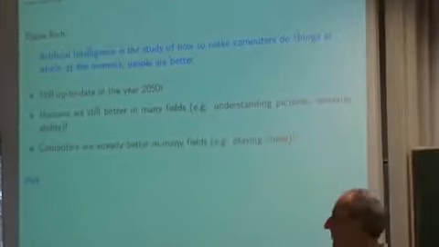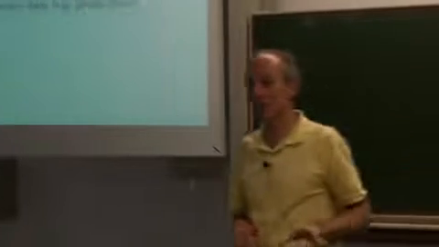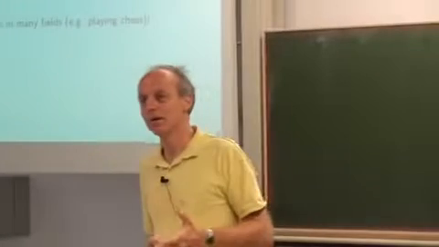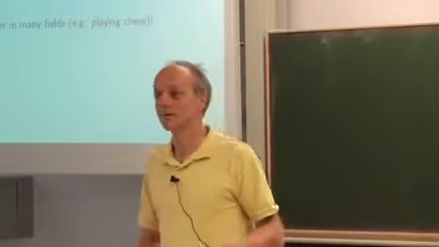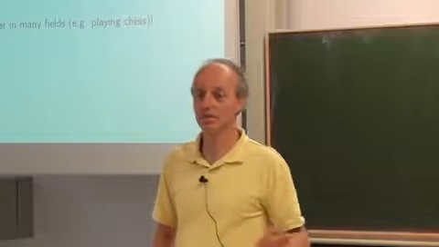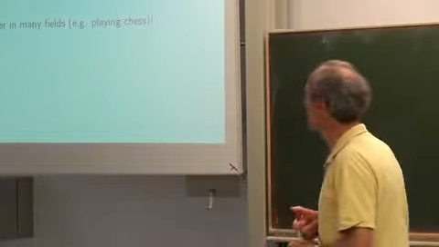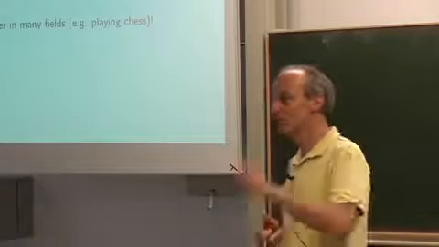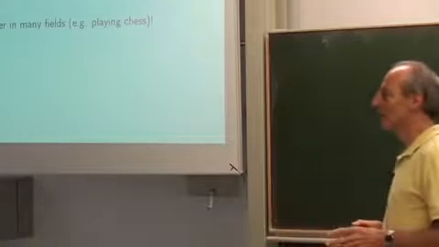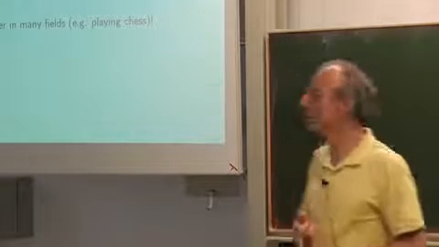This definition will actually always be true. Maybe this field of AI will end at some point. Maybe it will end at the point when robots are more intelligent than we are in every sense. Then maybe we won't do any research in AI anymore. Then maybe we will do research on how we can survive with all these robots around us.